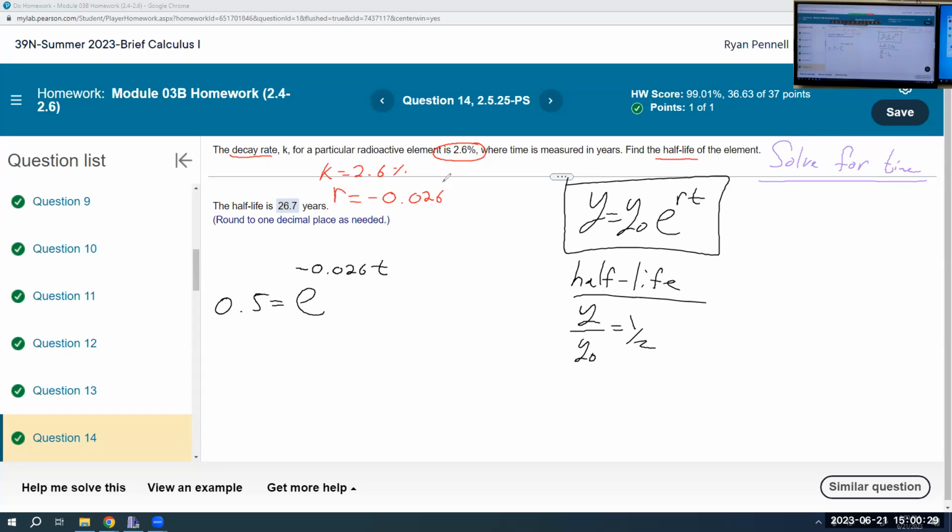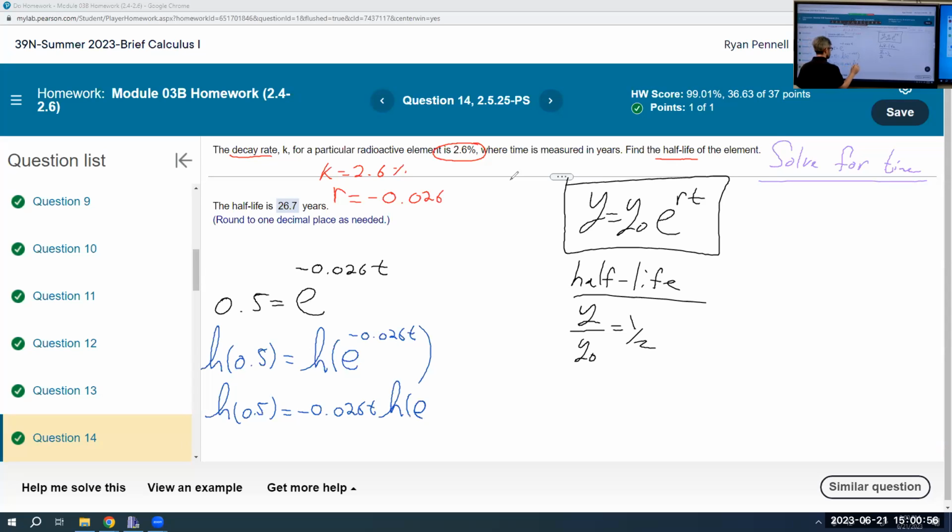How do you do that? Let's take the natural logarithm of both sides. Brings that down. Natural logarithm of e is just 1.